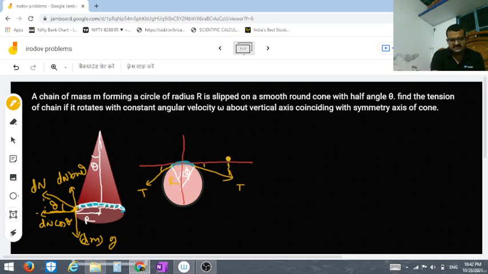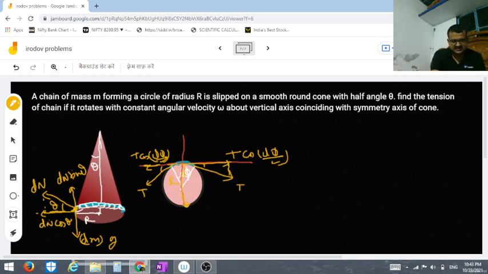So the component in this direction will be T cos d phi by 2, and definitely in this direction also the component will be T cos d phi by 2. No problem in that. Now coming to the component along this direction, it will be equal to 2T sin d phi by 2.